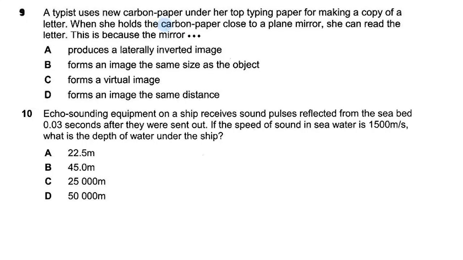There is what we call a carbon paper. A carbon paper is a paper that you put under another paper so that when you write on the paper on top, the carbon will trace the information and transfer it to another paper down below.